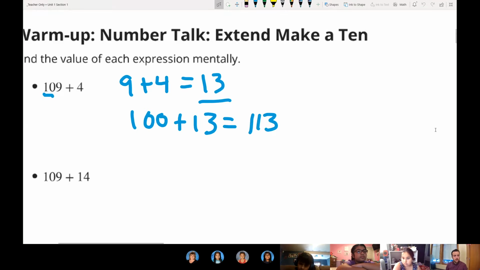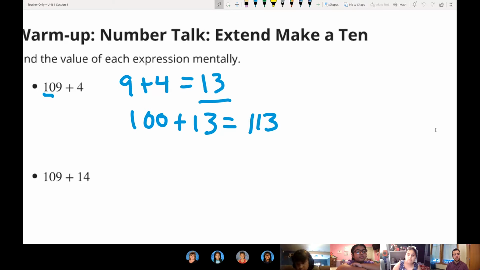But if I were to look at 109 plus 14, what's the nearest 10 that 109 is closest to? Adelina? It is closest to 10.